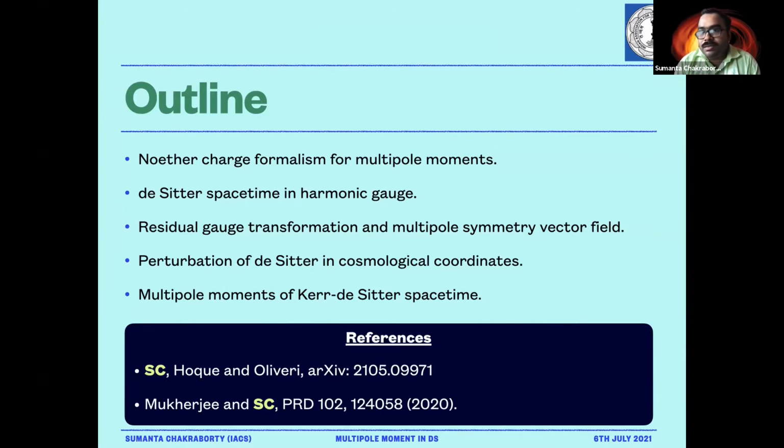And then I will talk about perturbations of the de Sitter spacetime in cosmological coordinates. And finally, I will discuss multipole moments of Kerr-de Sitter spacetime, as an example of this scenario. The two main references on which the talk is based are given below. If you are interested, please take a look.